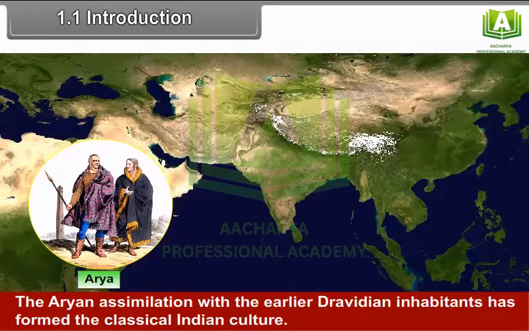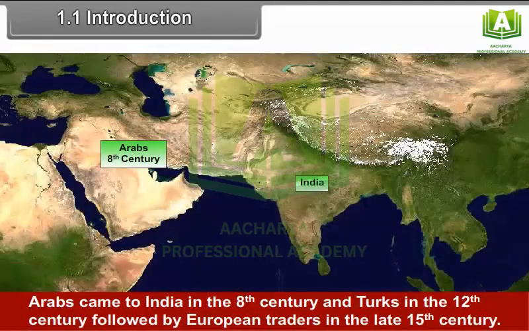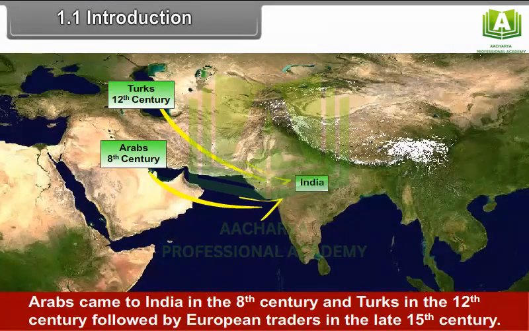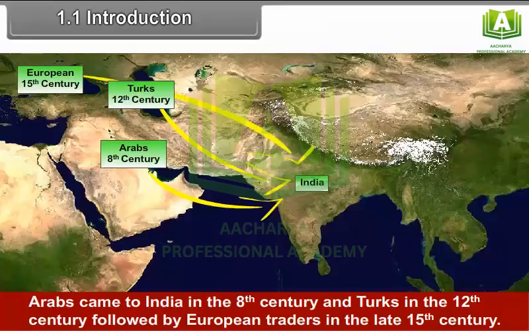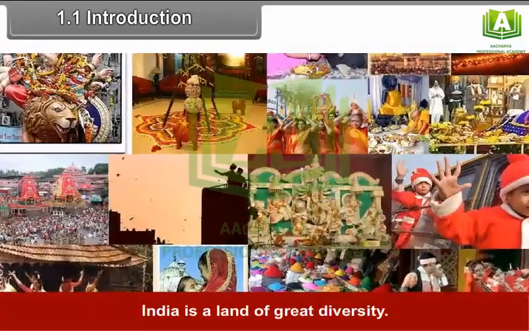The Aryan assimilation with the earlier Dravidian inhabitants has formed the classical Indian culture. Arabs came to India in the 8th century and Turks in the 12th century, followed by European traders in the late 15th century. India is a land of great diversity.